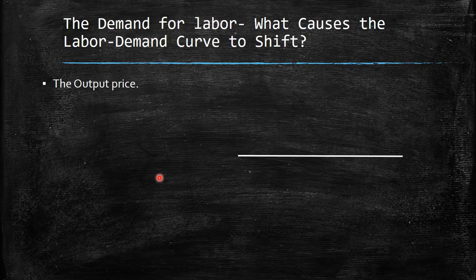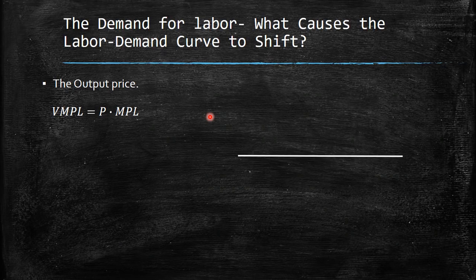The first is the output price. Why? Because the value of the marginal product of labor is equal to the price times the marginal product of labor, so any time the price changes, this curve will move.